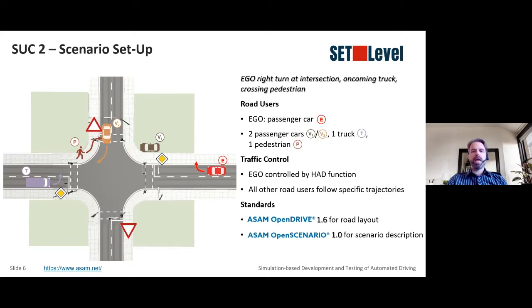The pedestrian is aiming for the northern crosswalk. V2 and the ego vehicle shall turn right, and V1 is parking. The map for the traffic space was defined using the ASAM OpenDRIVE standard, and the dynamic elements of the scenario were described using the ASAM OpenSCENARIO standard.